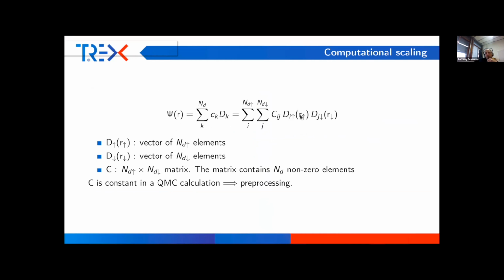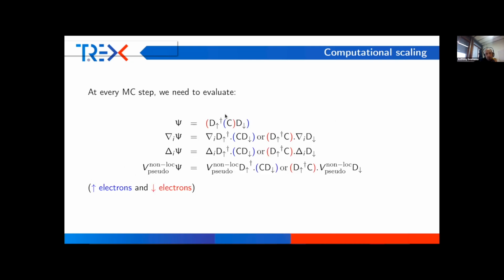This is a vector of size number of upspin electrons, and this is a vector of size downspin electrons. Okay, so this C_ij d_i d_j can be expressed like this in matrix form, where you have a vector transpose, a matrix, and a vector, and this will give you a number which is the value of the wave function.